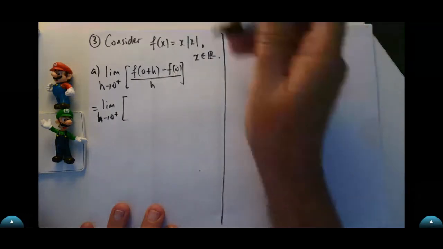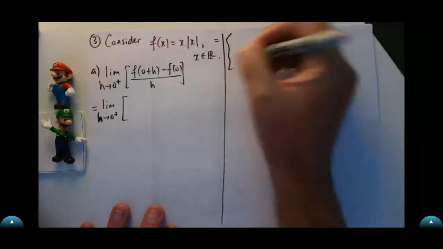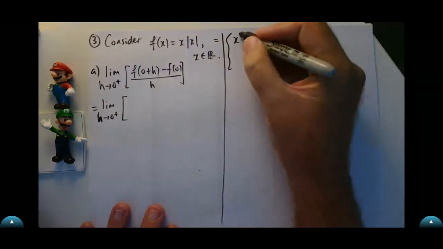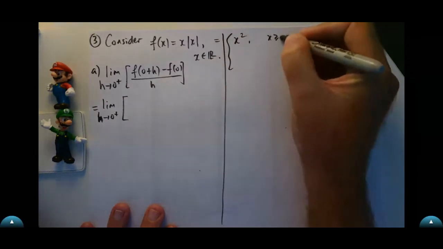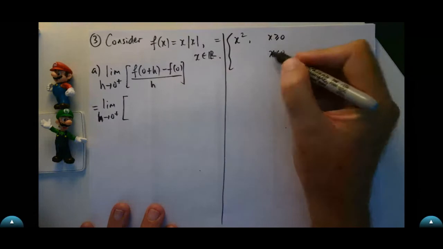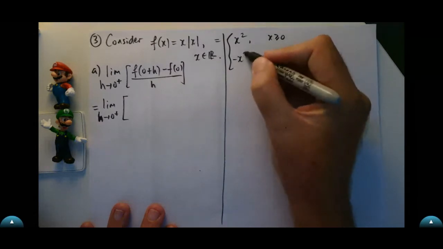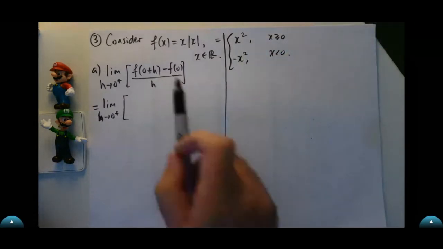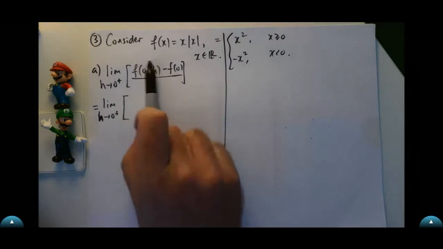We can make that x squared, when x is greater than 0. And this will be negative x squared when x is negative. Okay, so what's this going to be?